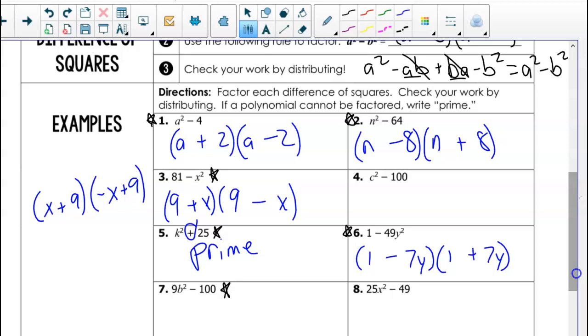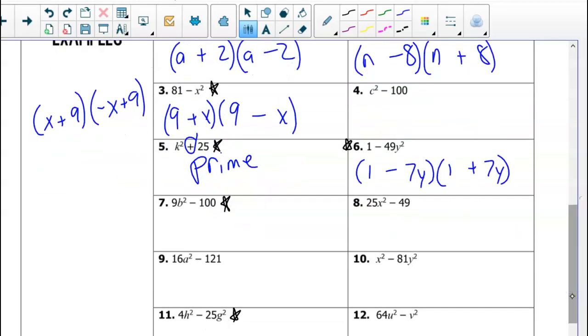Sometimes that will happen. For number 7, the square root of 9 is 3. The square root of b squared is b. The square root of 100 is 10, and I'm subtracting. I can do this. So 3b and 10, and then plus, minus.